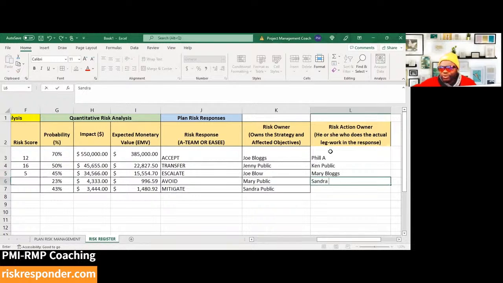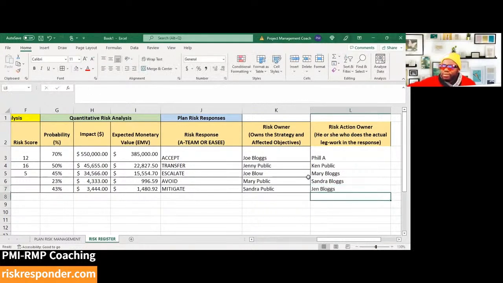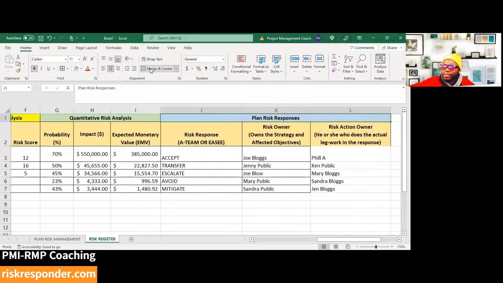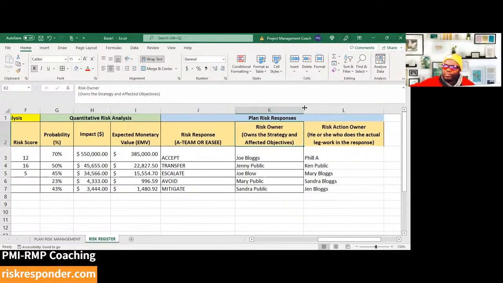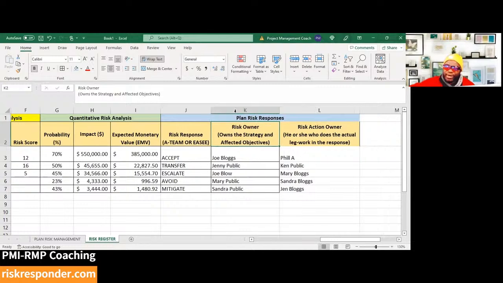So you would have actual people whose names would be assigned to these things. All of this stuff is still under plan risk responses, but I'll just say that part of the PMBOK guide talks about a risk owner very early.